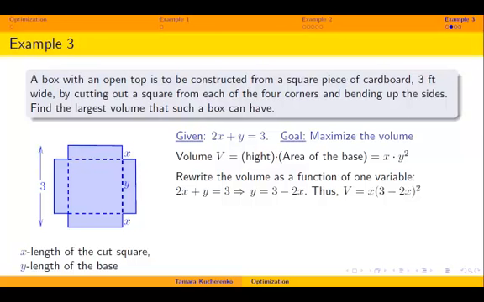Let's see what restrictions we have on x. First of all, x must be non-negative, since it represents the length. Also, each cut-out square must have the length smaller than half of the side of the cardboard. So x has to be smaller than 3/2.